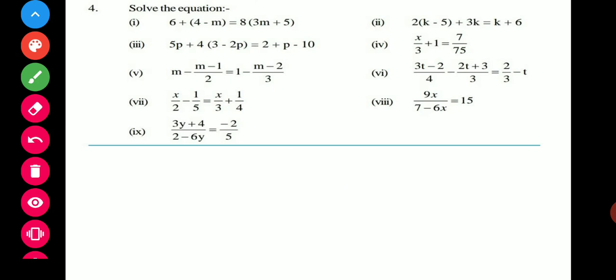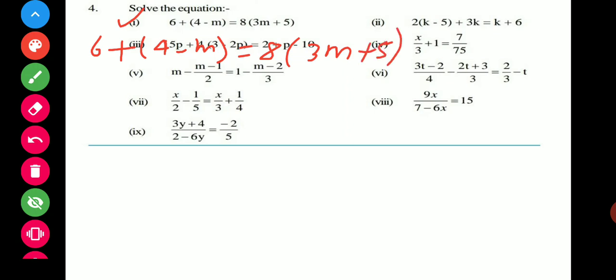Solve the equation. बिल्कुल सेम पीछे मैंने कराया है तो उन्हीं क्वेश्चंस की तरह है ये भी, but I will solve some. So first of all, we have to write the first question, that is 6 plus in brackets 4 minus m bracket close 8, and here is 3m plus 5. How can we solve this equation? You can check.